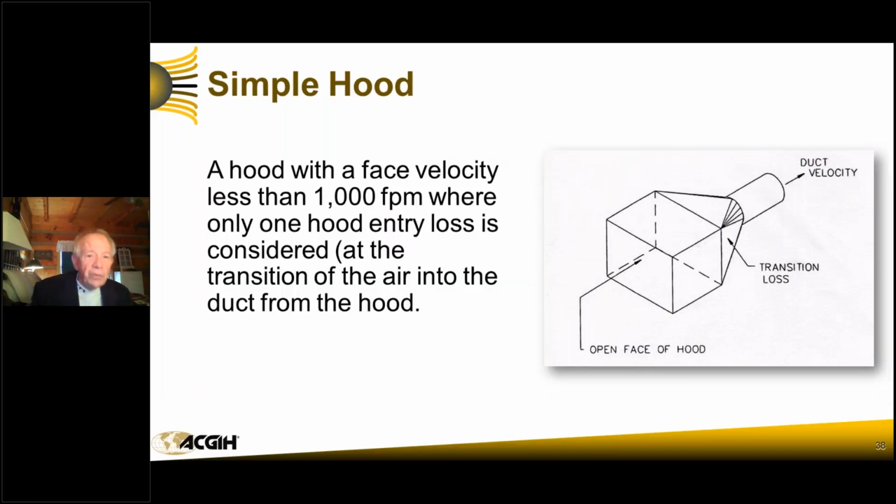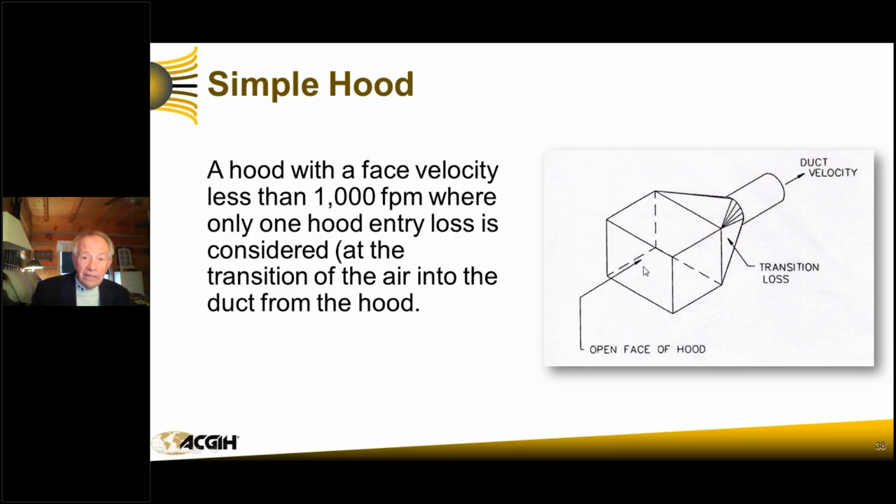So a simple hood is a hood with a face velocity less than 1,000 feet per minute. What's the face velocity in a paint spray booth, for example? About 100 feet a minute, and that's different in different places. How about a laboratory exhaust hood? That's going to be about 200 feet per minute. So a laboratory exhaust hood is not a slotted hood necessarily.